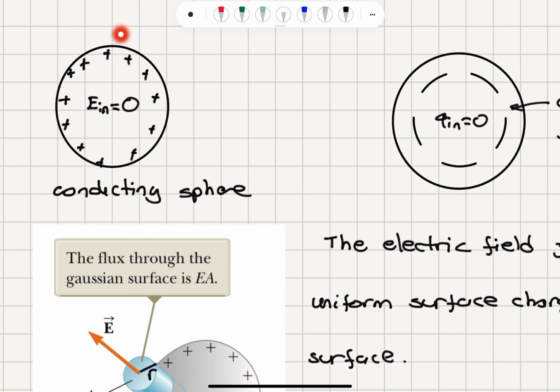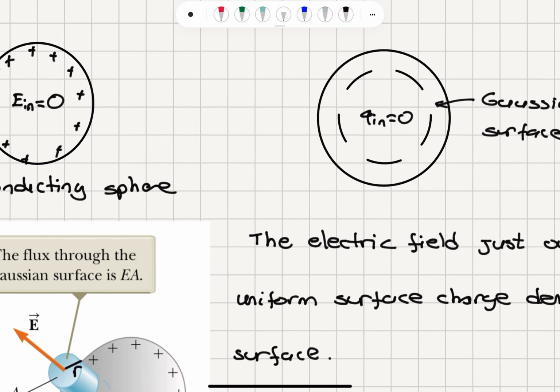For example, this is a charged conducting sphere where we have a lack of electrons. So there's a positive charge distribution on the surface of the conductor. The net electric field inside will be zero.